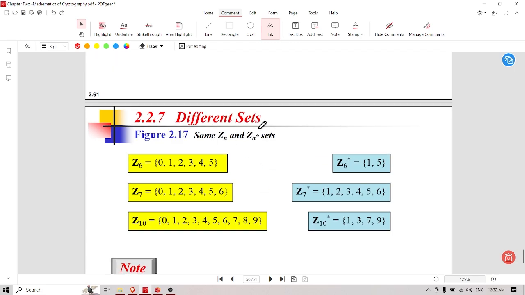Now the different sets. We have Zn, we have Zn and asterisk sets. Now the Z6 is equal to 0 to 5. However, for the multiplicative, we should not have a 0. So we say from 1 to 5. And for the Z7, because it is addition, we can have 0, no problem. For the multiplicative inverse, it should be from the 1 to the 6 and so on.